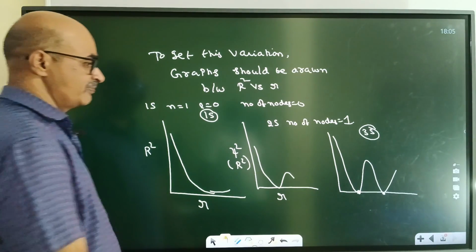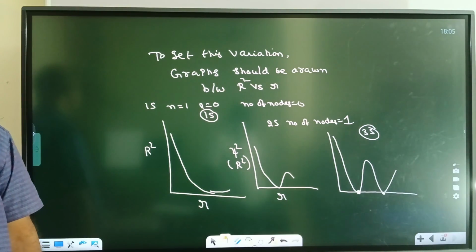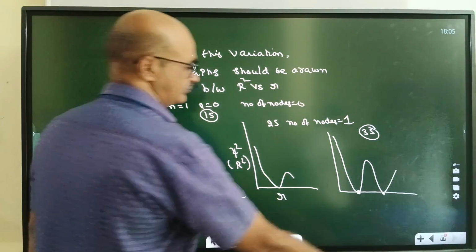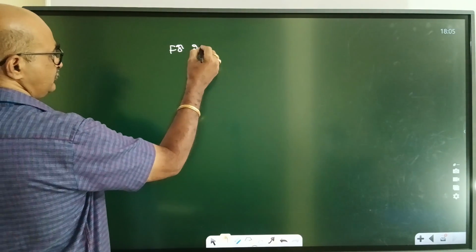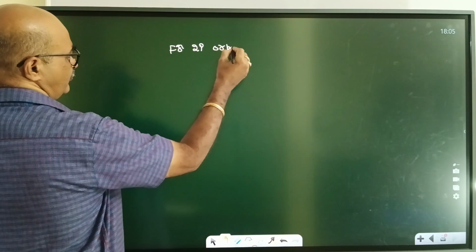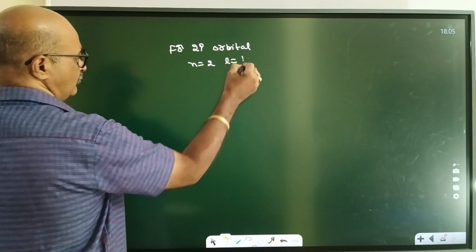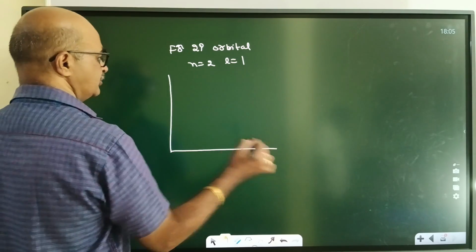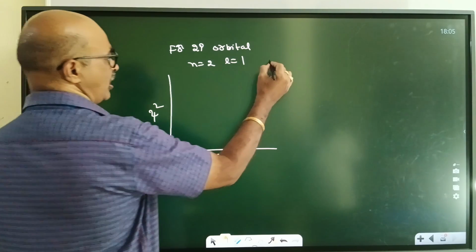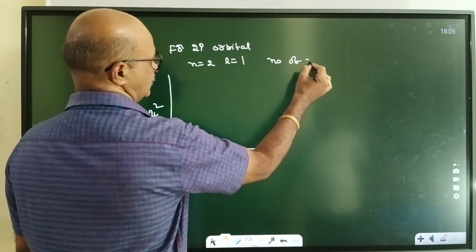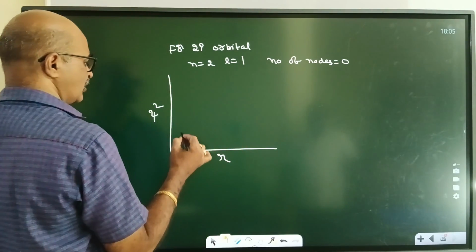Okay, for 2p orbital, n is equal to 2, l is equal to 1. So this is psi square and this is r. Number of nodes is equal to 0. So graph is like this.